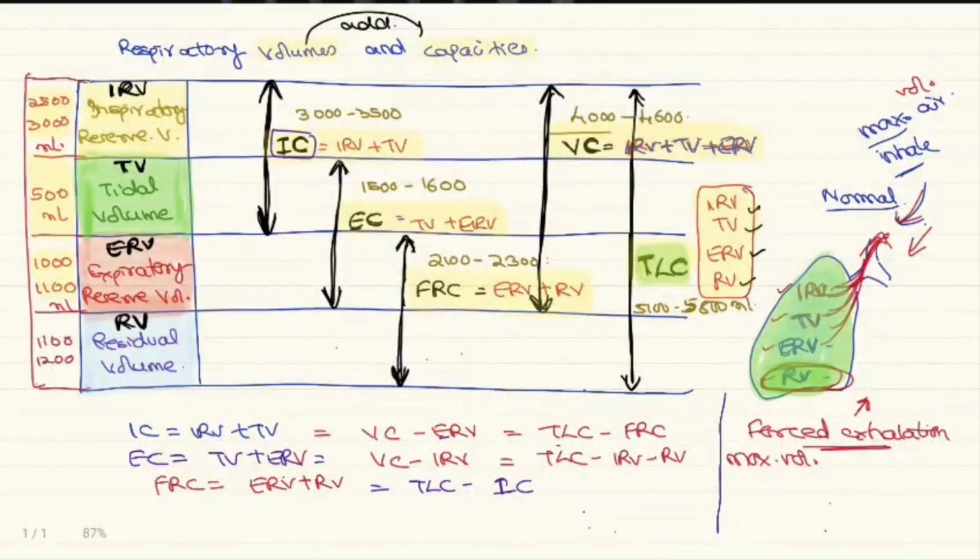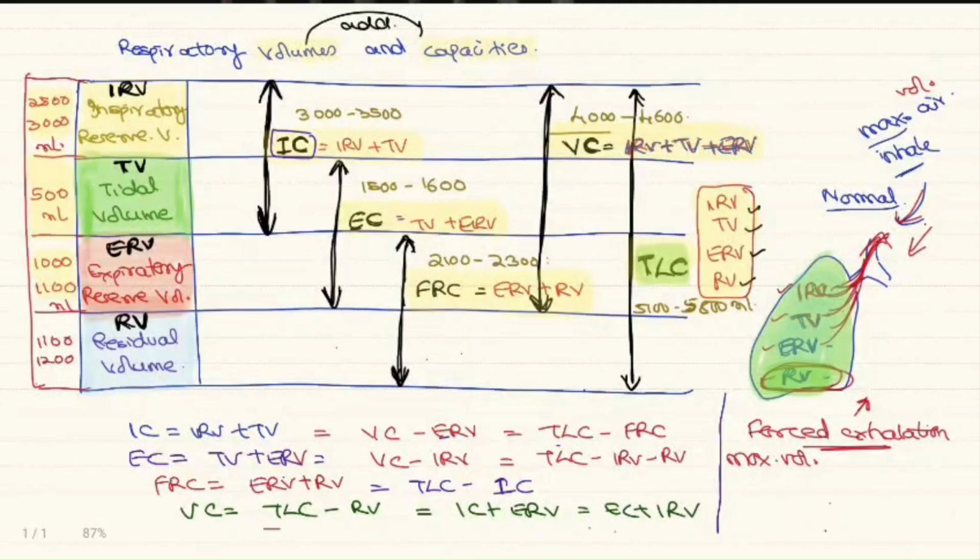And from the above diagram, we can also get different types of combinations. The last combination is VC. We can also write VC as TLC minus RV. I can also write it as IC plus ERV. I can also write it as EC plus IRV, and so on.